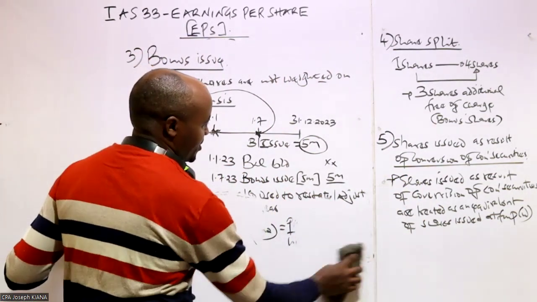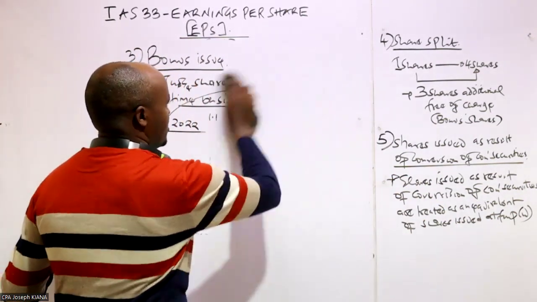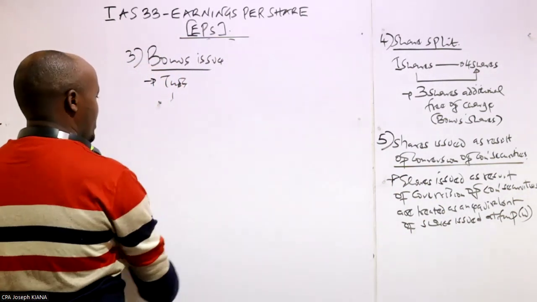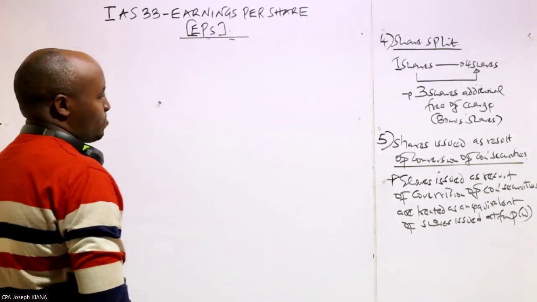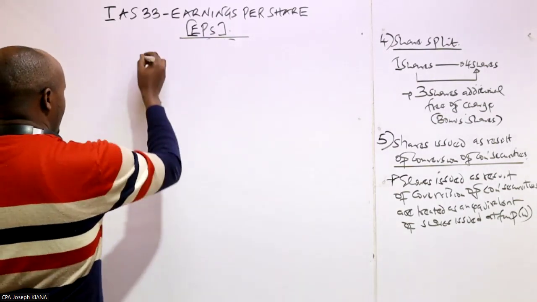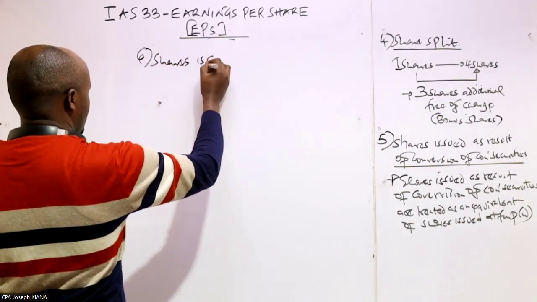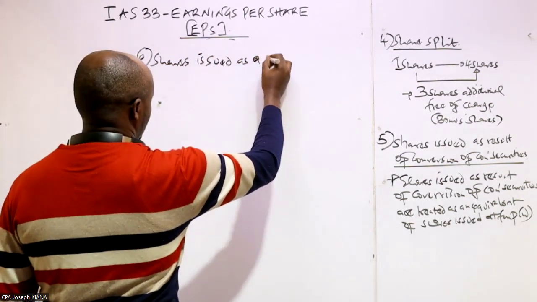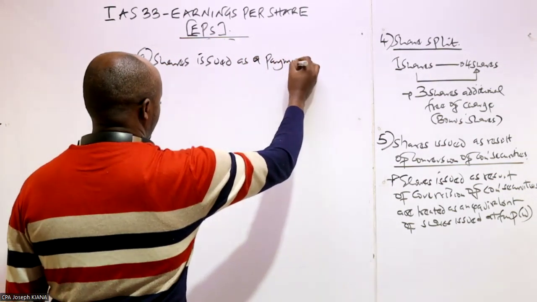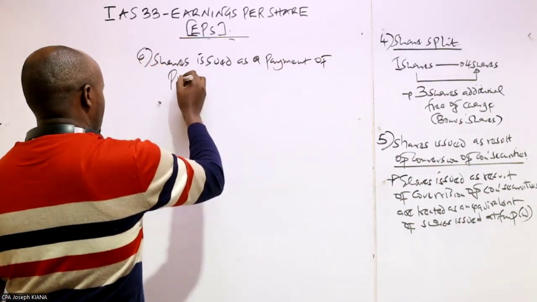So next, that is number 6. Let's look at the other reason why the shares issued at the start of the year may change. And number 6, we have shares issued as a payment of purchase consideration.